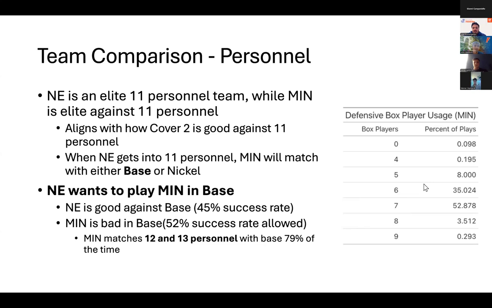Yeah. And so basically, Minnesota wants to run a base defense because most of their box players are between 6 to 7, and that's a lot of base, and they want to just match one-on-one.